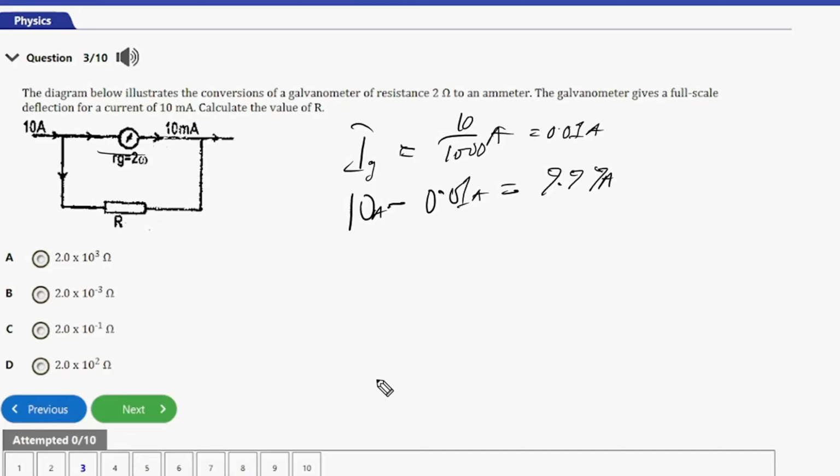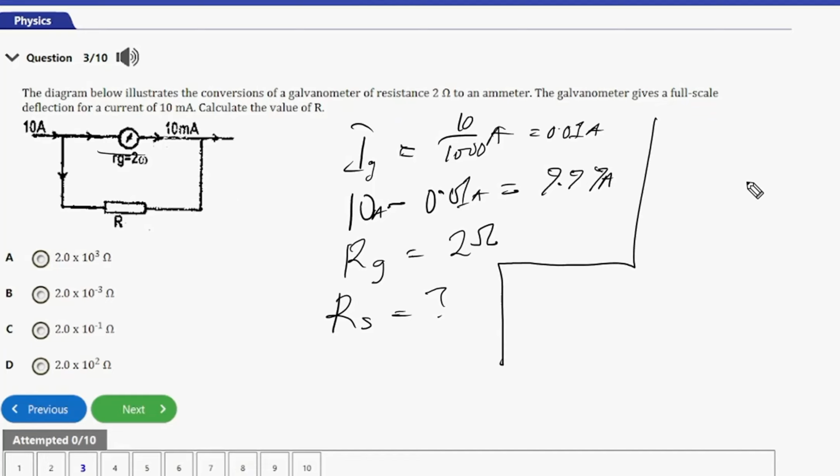Again, the resistance of the galvanometer is given as 2 ohms. So let's write this as RG, given as 2 ohms. And then we have to find the resistance across here. We're going to call that RS, and that's the resistance we are looking for. That's the resistance in the shunt.